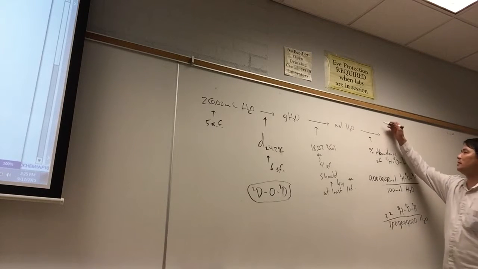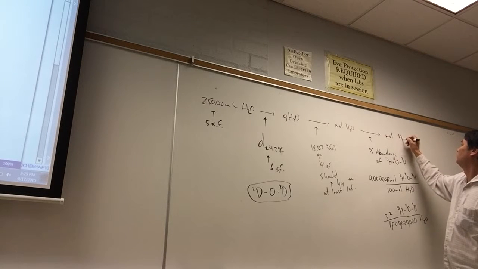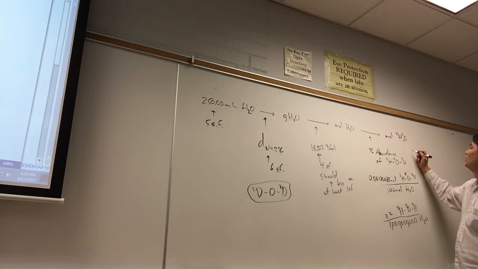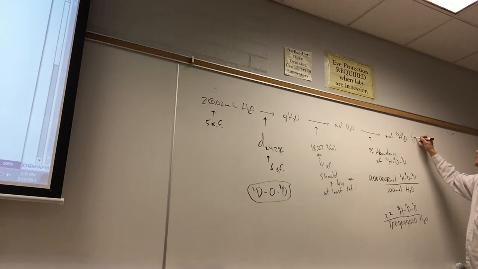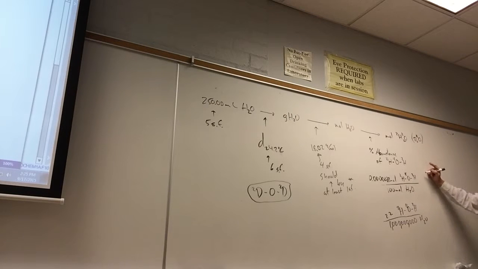Okay, so I got this. Then I get moles of, we could call this D2O16. Because D, you know what D stands for? This is where D is equal to deuterium, which is H2. H2 has a common name, called deuterium.